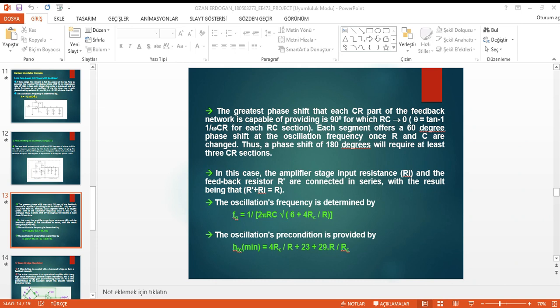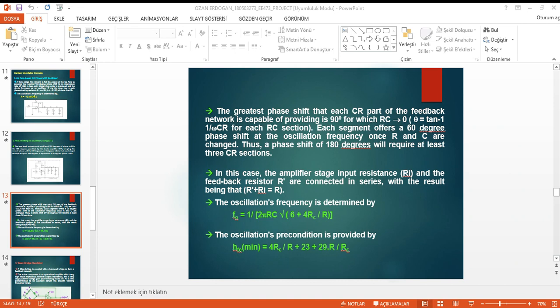When power is given to the circuit, noise voltage starts the oscillations in the circuit. A small base current at the transistor amplifier produces a current which is phase shifted by 180 degrees.